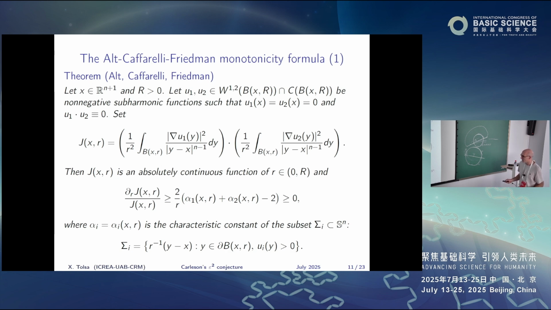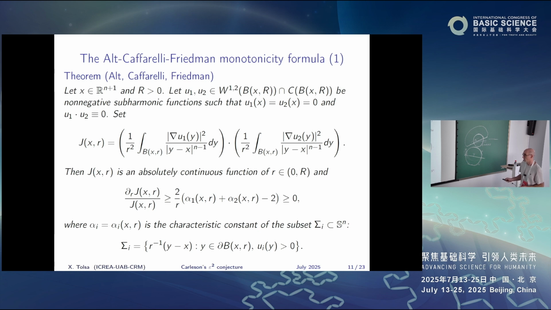And then it turns out that this J(x,r) is absolutely continuous with respect to r. This is not very surprising, but what is very interesting and not trivial at all is that this quantity is monotone. In fact, the derivative with respect to r of this J(x,r) is positive, it's not negative.